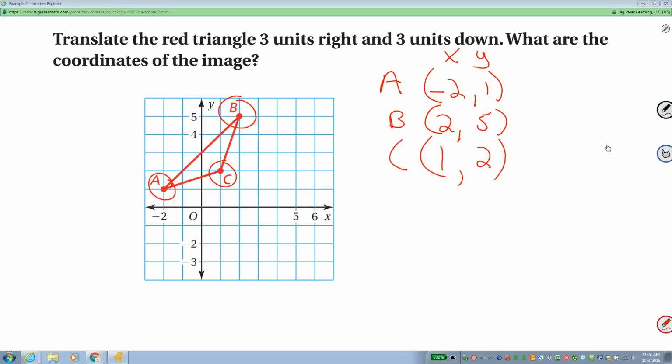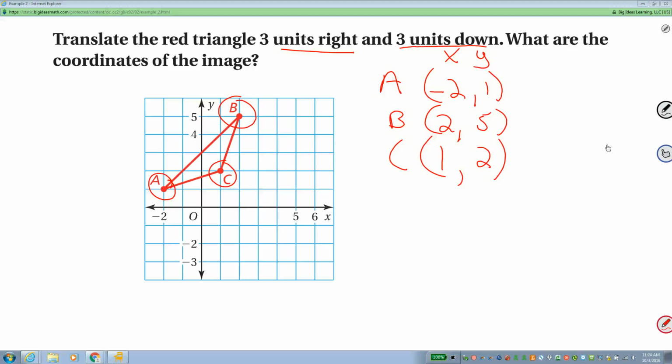Now it's asking us, ladies and gentlemen, to rewrite the coordinates so we go 3 units to the right and 3 units down. Now this is where our positive and negative stuff comes into place. If it tells us to move it up, you are then going to add whatever it's telling you to move it to the Y value.